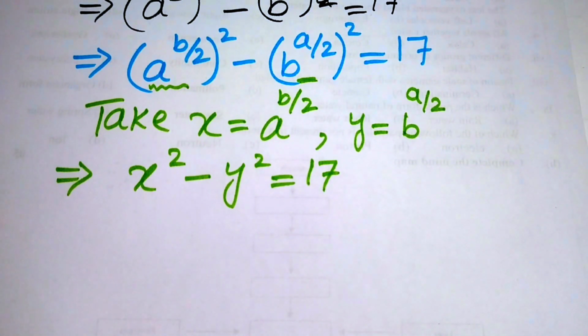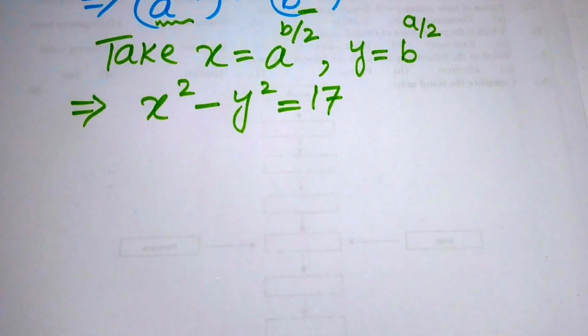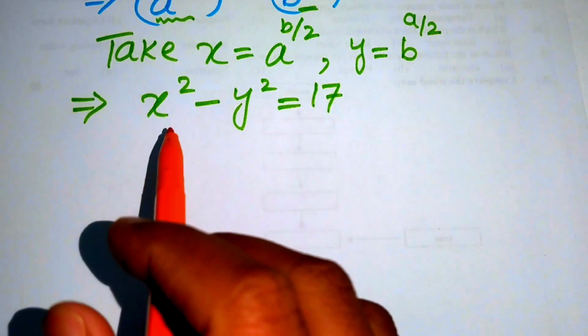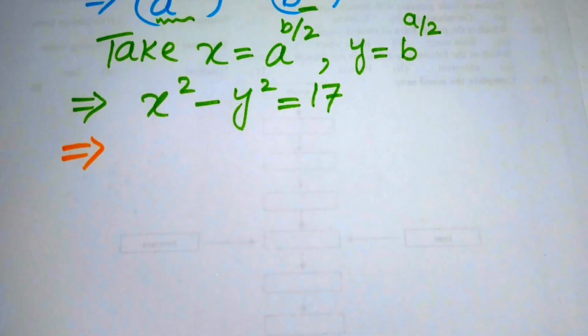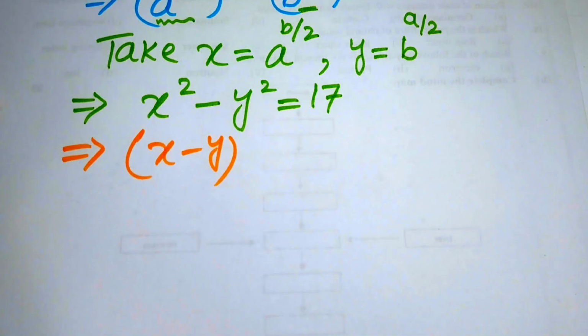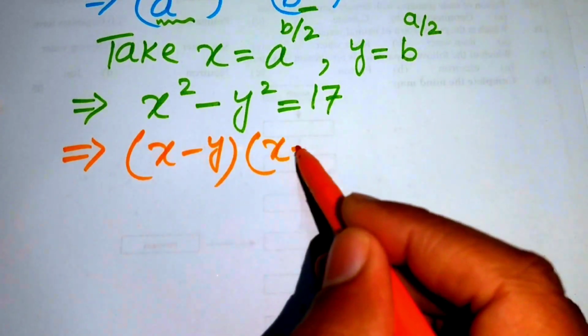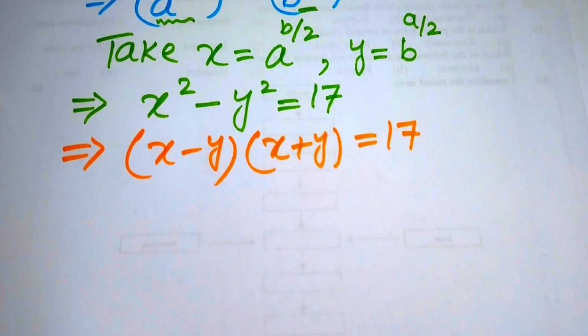In the next step you see it becomes a well-known square identity, and we know that x square minus y square equals x minus y times x plus y. So we write it as x minus y times x plus y equals 17.